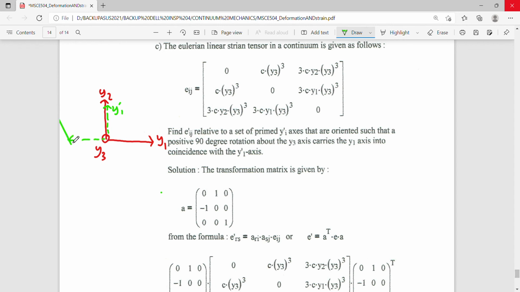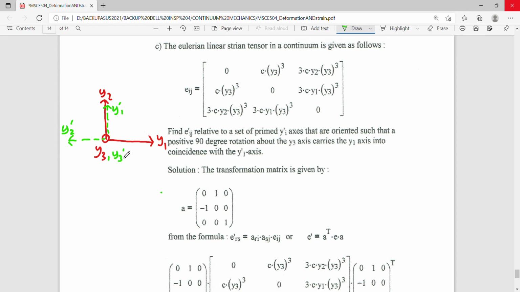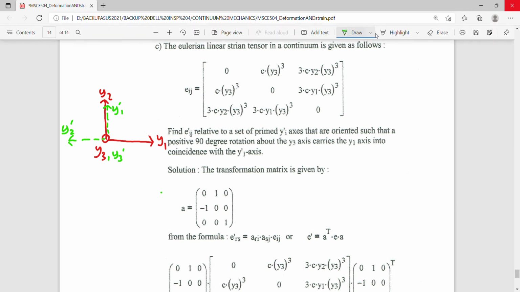That's the description given to us by the transformation. I'm stressed with my graphics tablet, but this is y2 prime, and y3 prime is coincident with y3. So this is y1, rotated there.